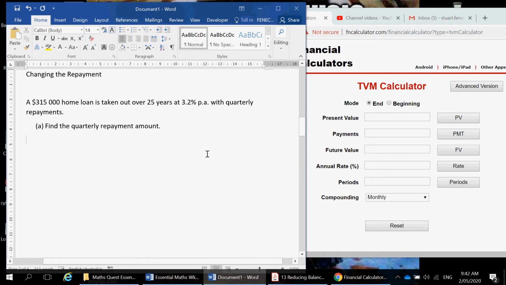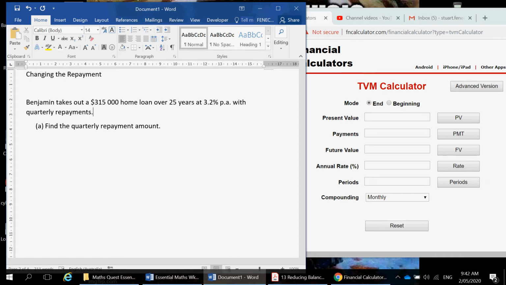So here we go. First example we're going to do today, we need a name there. Who's taking out the loan? We'll call him Benjamin. Benjamin takes out a $315,000 home loan over 25 years at 3.2% per annum with quarterly repayments.